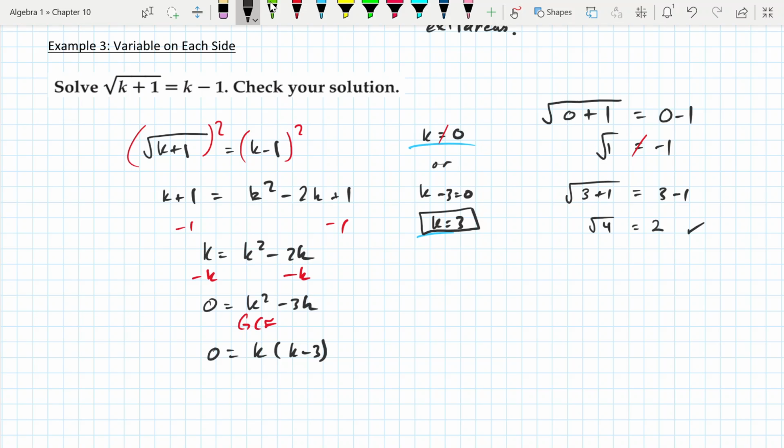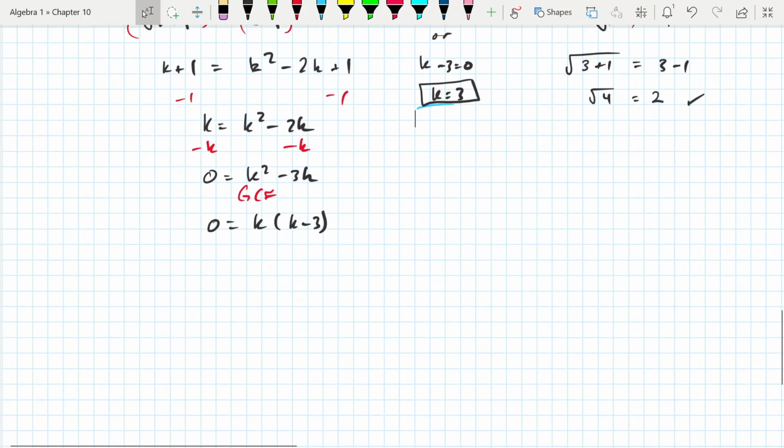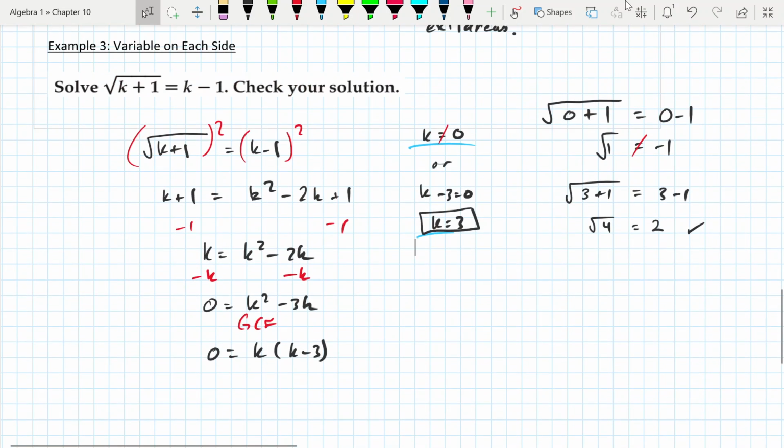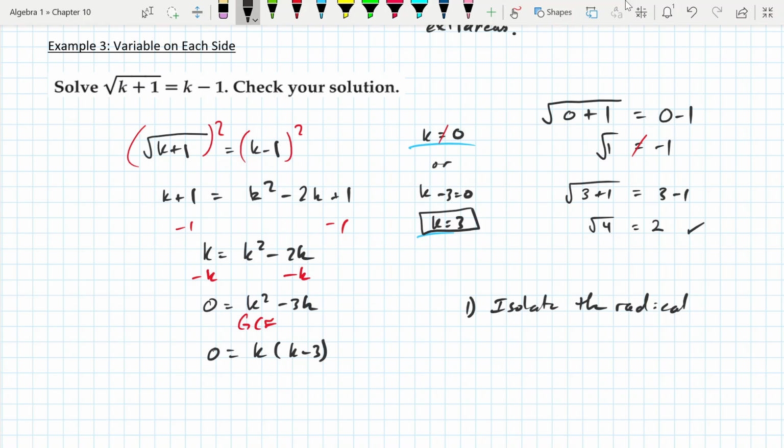And that's all it takes to do these. The big keys to all of these: you have to isolate the radical, and that allows you to square both sides.